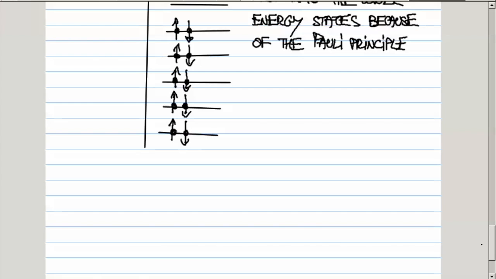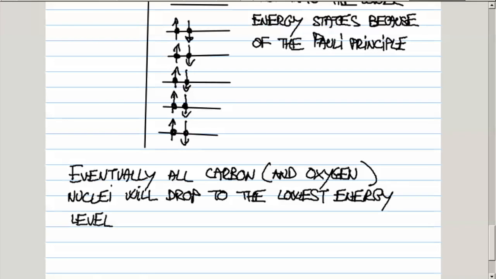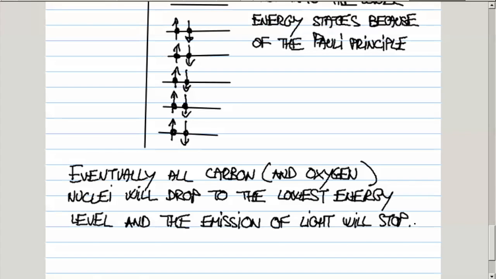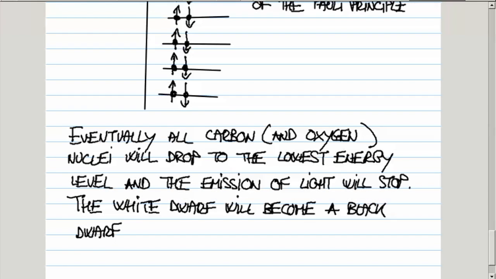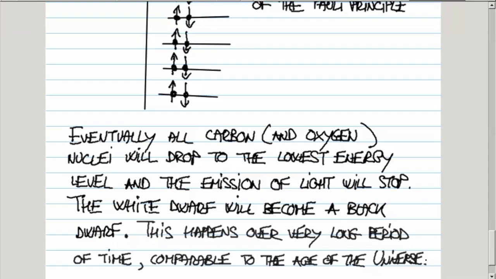Okay, so eventually all the nuclei drop to the lowest energy states, and therefore the emission of light would stop. And the white dwarf will become a black dwarf. But this happens over a very long period of time, as I said, comparable to the age of the universe. So I can safely touch a black dwarf. I cannot touch a white dwarf safely because in addition to degenerate electrons, I have these nuclei, some of them very energetic, and they can drop into lower energy states.